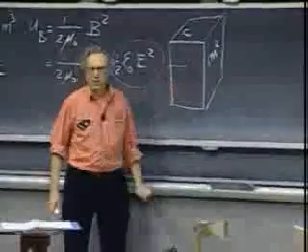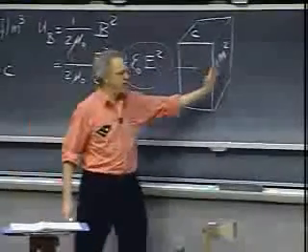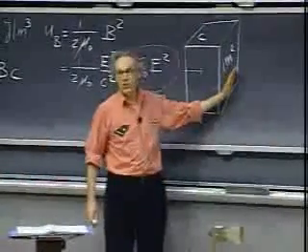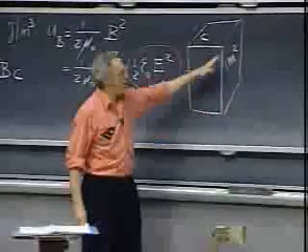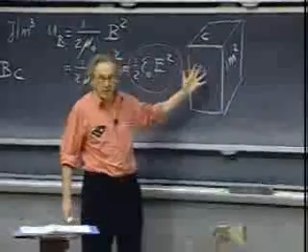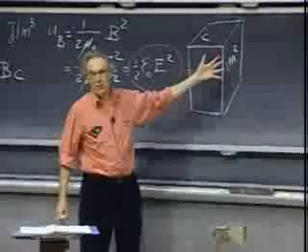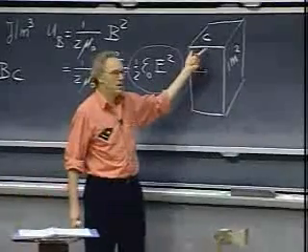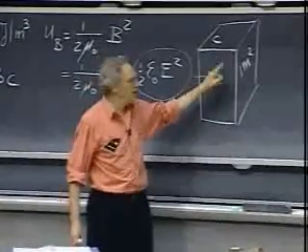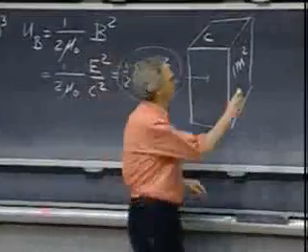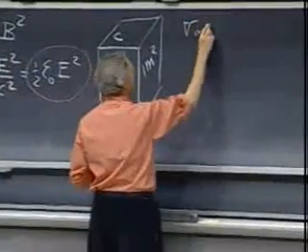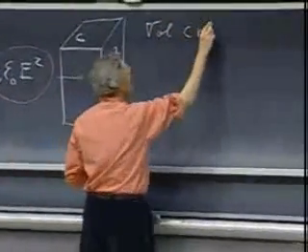And this is 1 square meter, and I'm going to calculate how much energy now comes through this 1 square meter in 1 second. Of course, I could have chosen this box 1 billion times smaller. Would have gotten the same answer, of course. But for convenience, I choose this to be c, and this to be 1 square meter. So the volume of that box is c cubic meters.